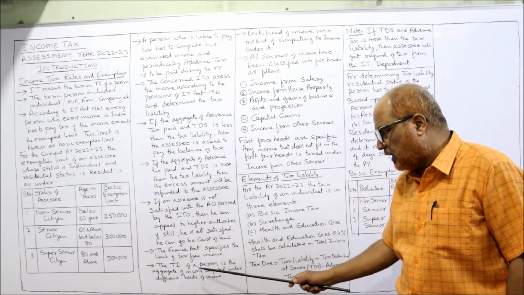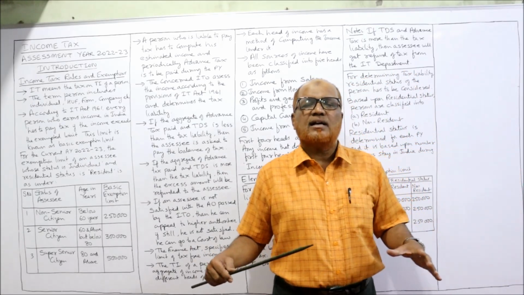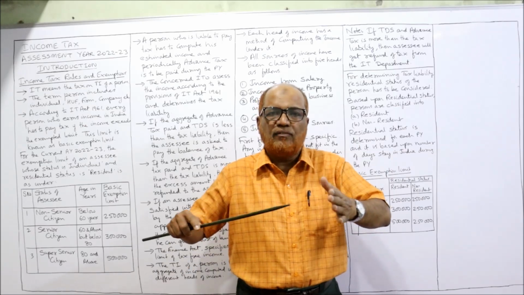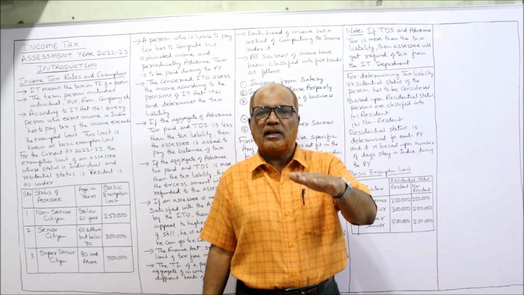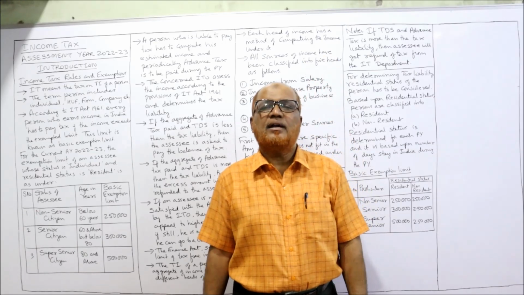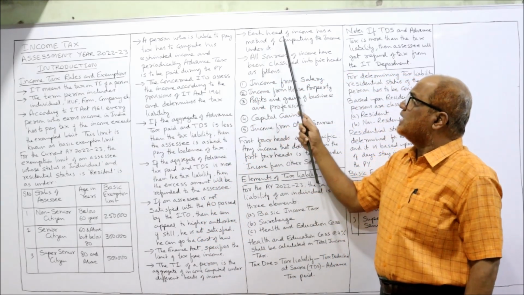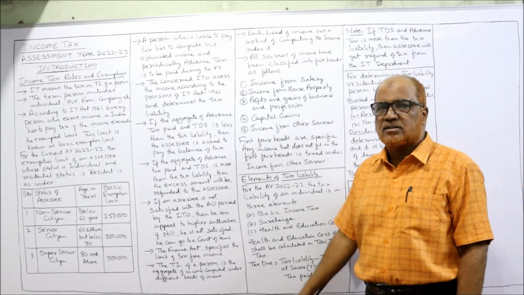Next, the total income of a person is the aggregate of income computed under different heads. The Income Tax Act says the income of a person can be divided into different heads, like income from salary, house property, like that. The total of all the sources is called gross total income. Now each head of income has a method of computing the income under it.